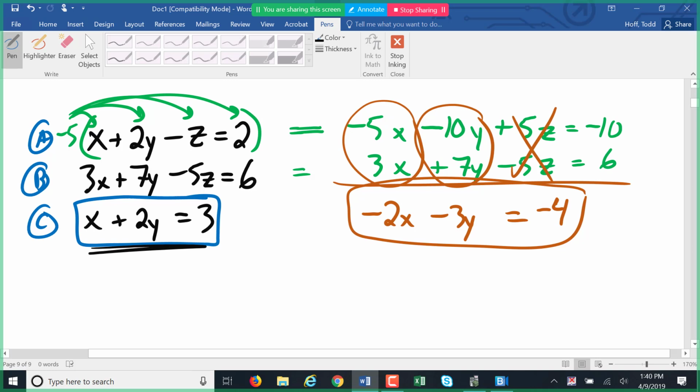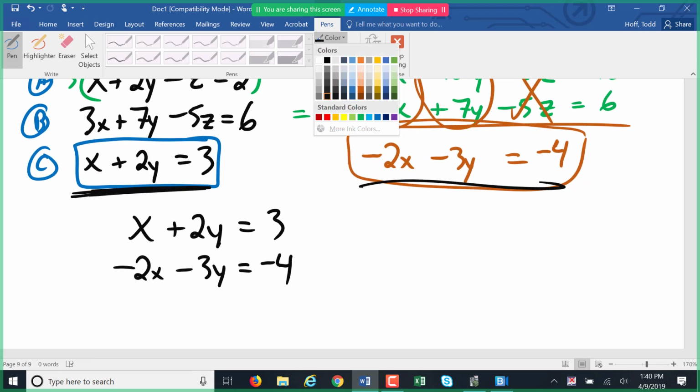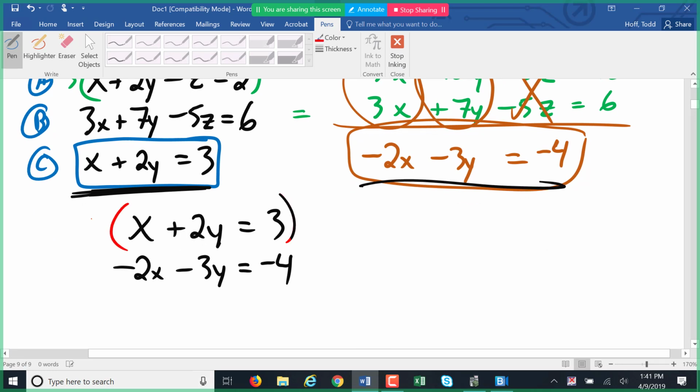So now I'm going to use these two equations as my two variable system. I'm going to multiply that top equation by 2, so that I have 2x and negative 2x. They'll cancel out. Which gives me 2x plus 4y equals 6. So on bottom, I'm going to leave that the same.